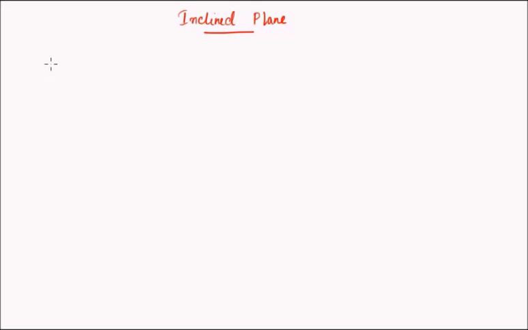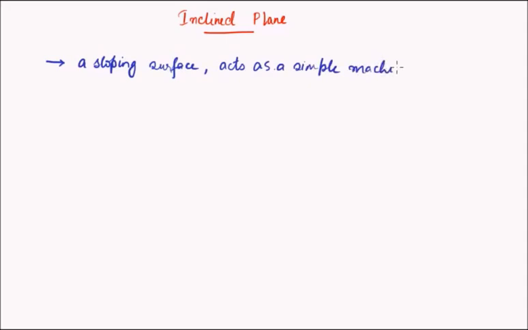So an inclined plane can be defined as a sloping surface, and what does it do? It is a simple machine, a sloping surface which acts as a simple machine, and it helps reduce the effort required to lift a load.